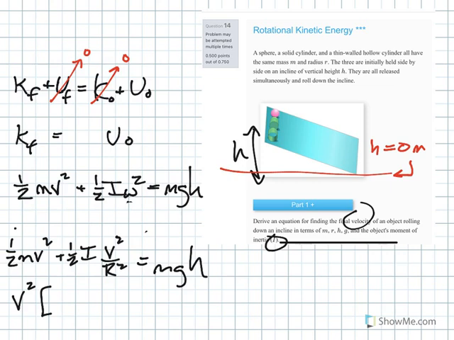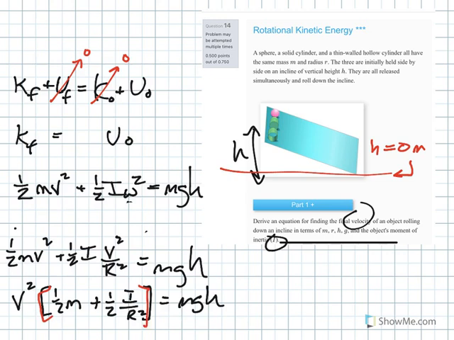So 1/2 m plus 1/2 I over R squared equals m g h. And so then to get V, divide both sides by the brackets here, and you take the square root. And that looks horrific, I know.